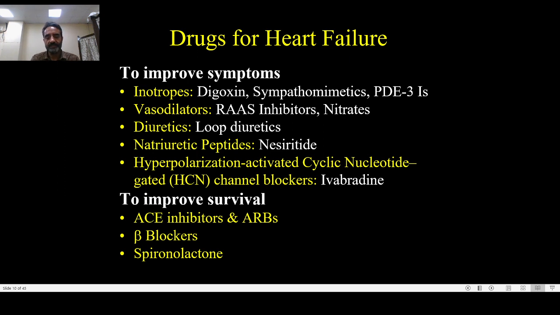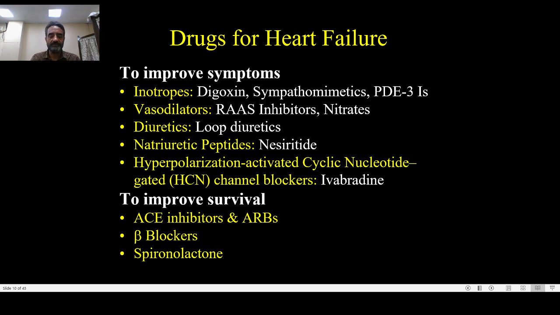Natriuretic peptides, nesiritide is the example. Hyperpolarization activated cyclic nucleotide gated channel blockers, in short called HCN channel blockers. An example is ivabradine.